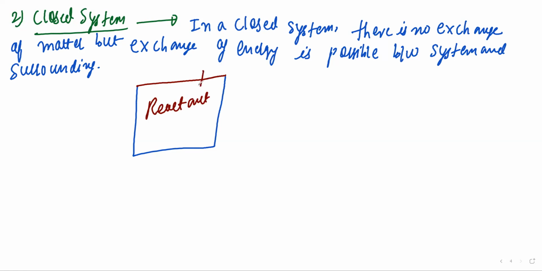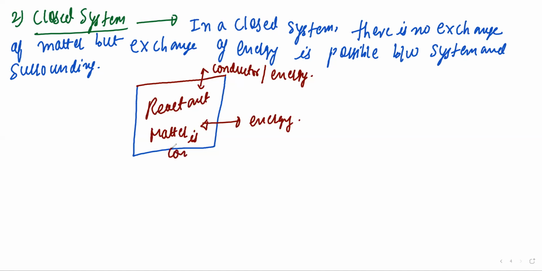And this wall can conduct or transfer the energy. There is exchange of energy only. Matter inside is constant. That is called a closed system. This is the closed system example.